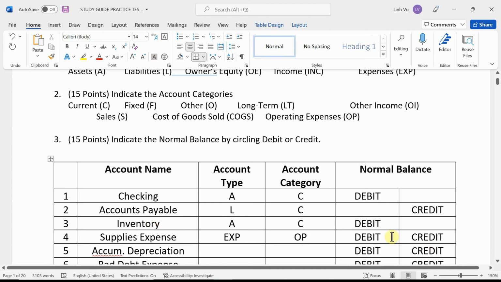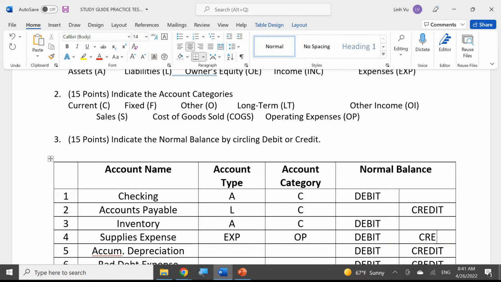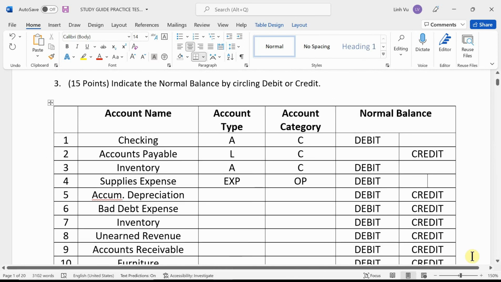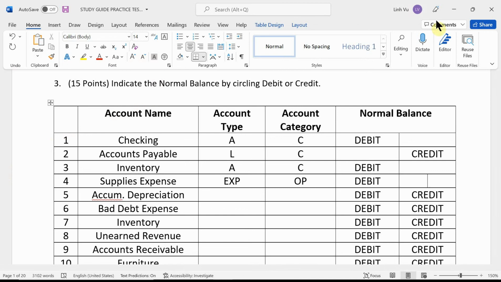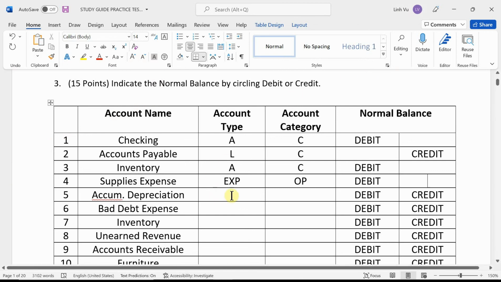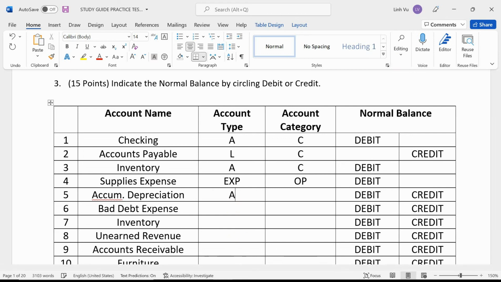What about accumulated depreciation? Asset. Yes, it is an asset.